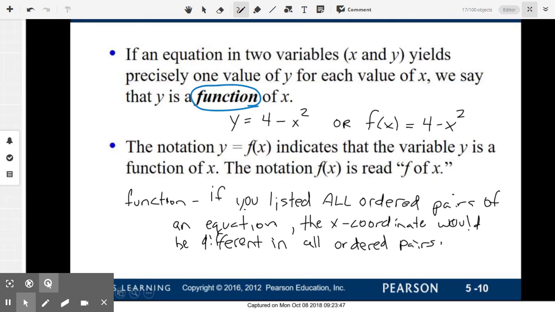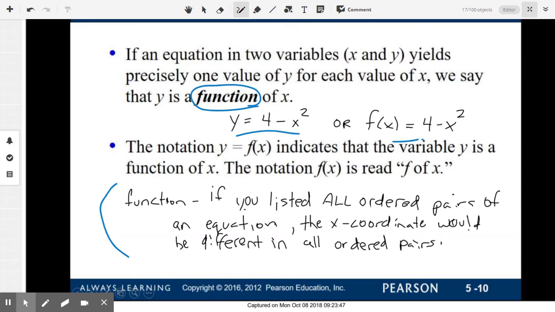So what I've done down here is put a little easier way to understand what a function is, in plain language. If you listed all the ordered pairs of an equation, which I can't do, but if you did list them all, the X coordinate would be different in all the ordered pairs.